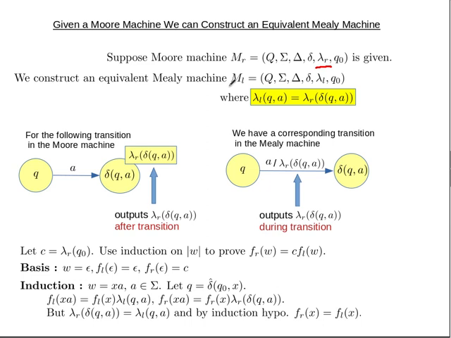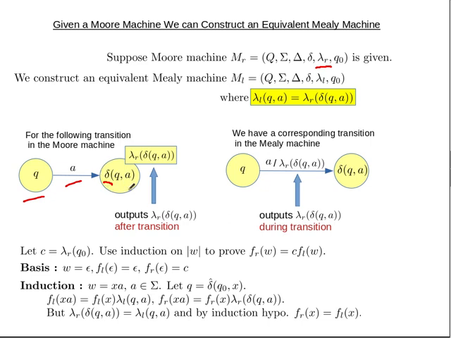So the way we define this lambda L for the Mealy machine from the given lambda R is this equation. Now how do we arrive at it? The idea is what's happening in the Moore machine. You are in some current state Q, you see some input symbol A, and then you move to the next state, given by the transition function delta, right?